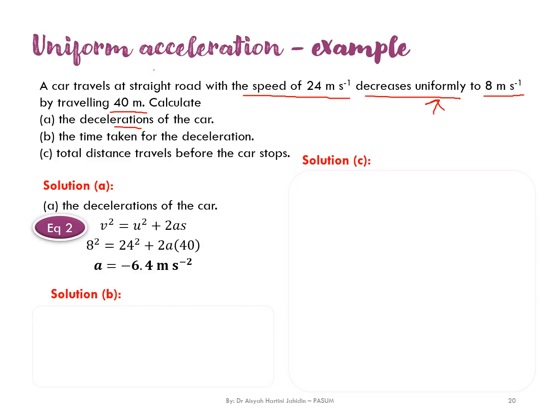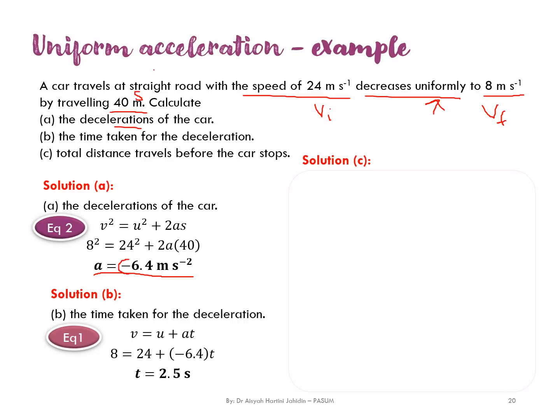By using the second kinematics equation and substituting all the given parameters, where this is v initial, this is v final, and this is the displacement, we get a equals negative 6.4 meters per second squared. The negative here indicates that the car is decelerating.